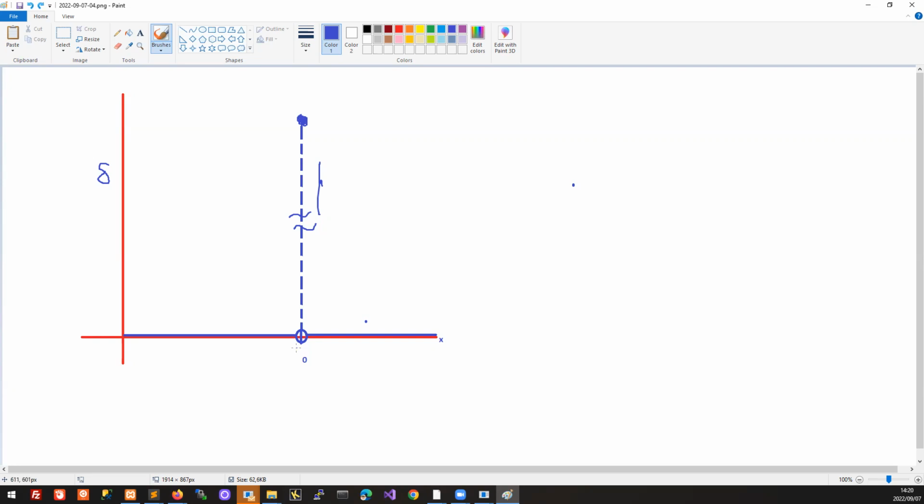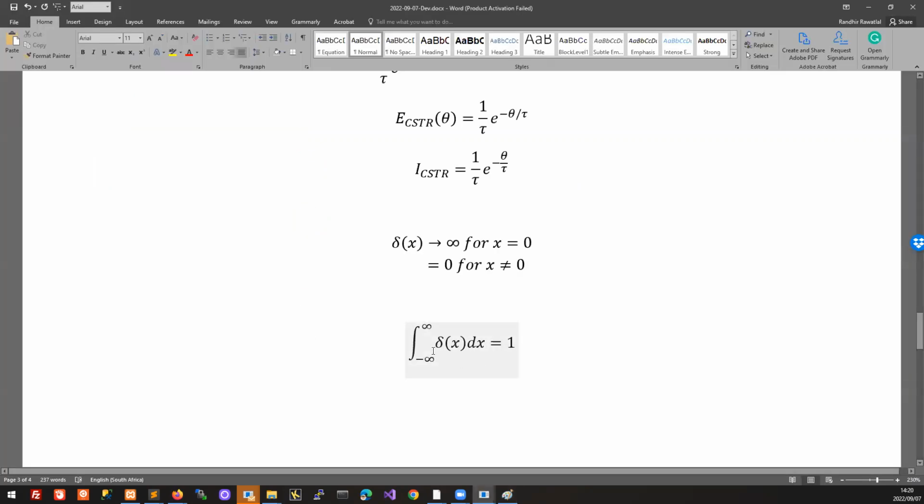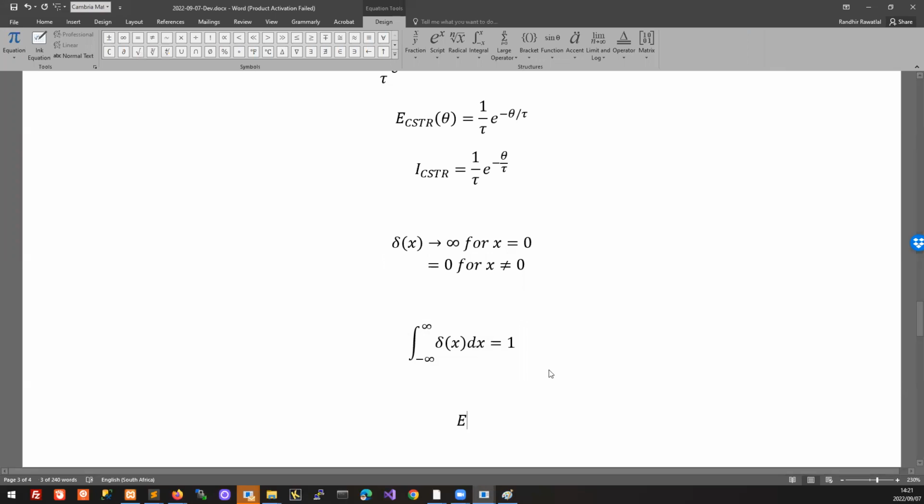So this point is going off to infinity in such a way that the area under this point is a 1. So the Dirac delta function is not just this. This is, in a sense, easy enough to do. But then to say it goes to infinity in a special way such that the area under that point is a 1, that fully specifies what we are looking for.